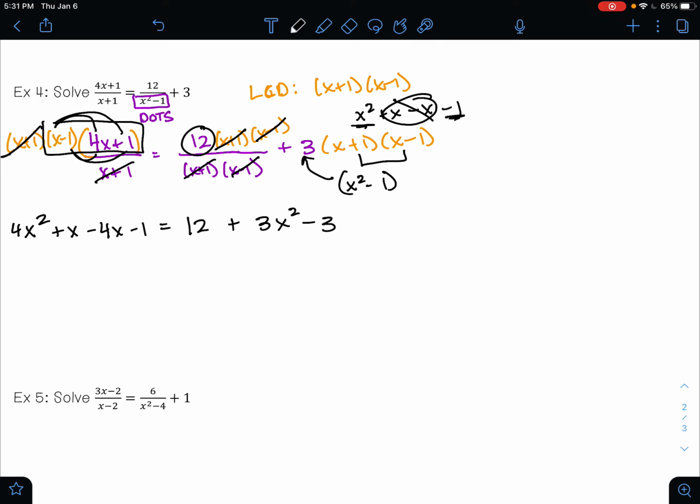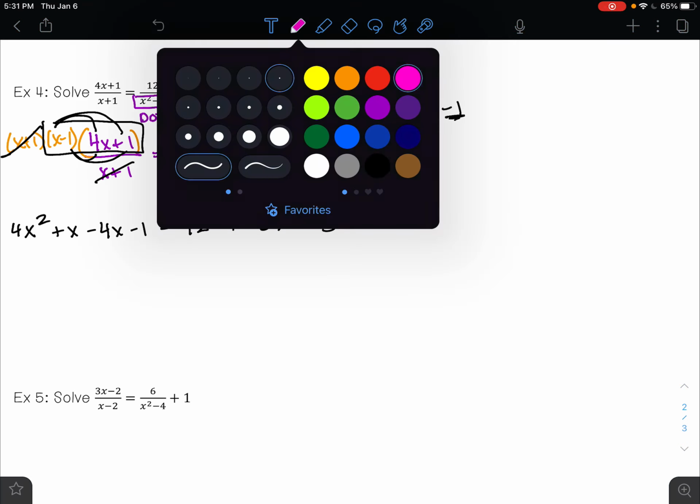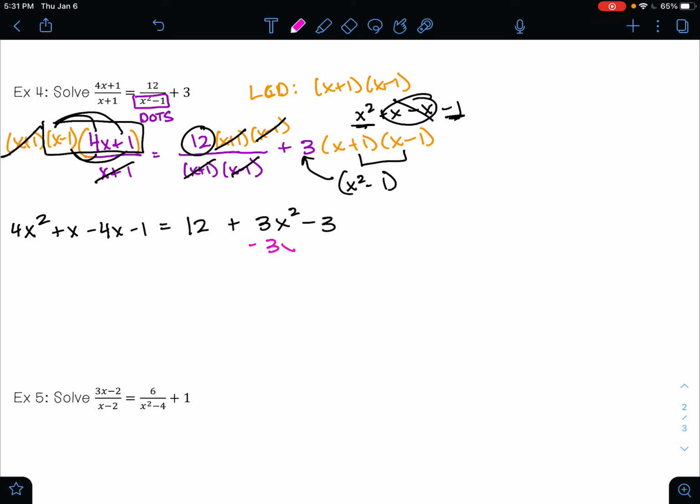From here, I see that I have a quadratic, right? Because my highest exponent is 2. To solve quadratics, the very first thing that you should do is get everything over to one side. So I am going to subtract 3x squared. And let's just start with that.